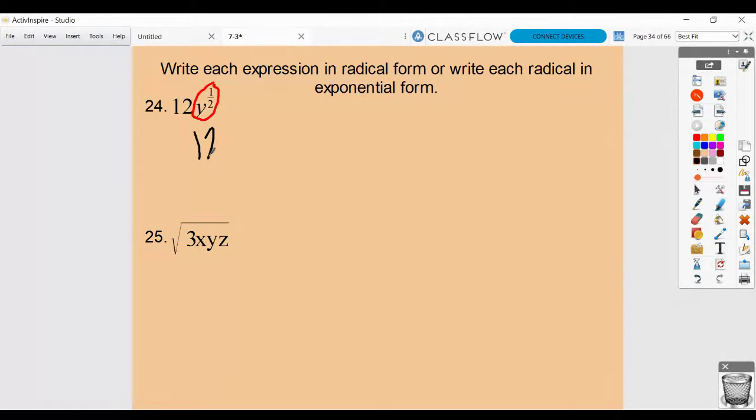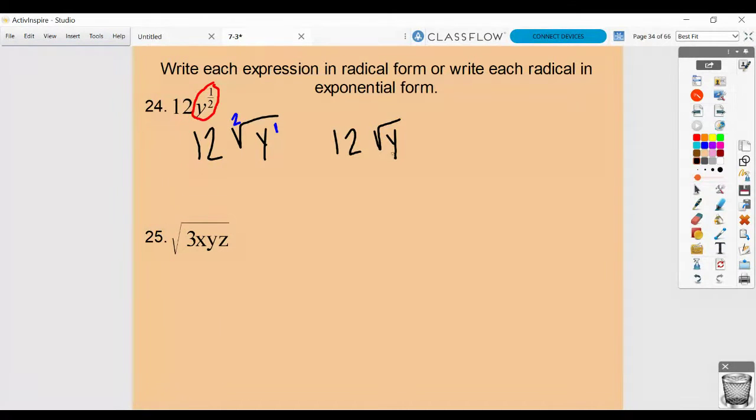So we're going to have a 12 on the outside, and then the radical, and the y underneath. Okay, the other thing to remember is that 1 would go here, and the 2 would go there, but since it is a square root and has the number 2, we don't write the 1 and the 2, so it would just be 12 radical y.